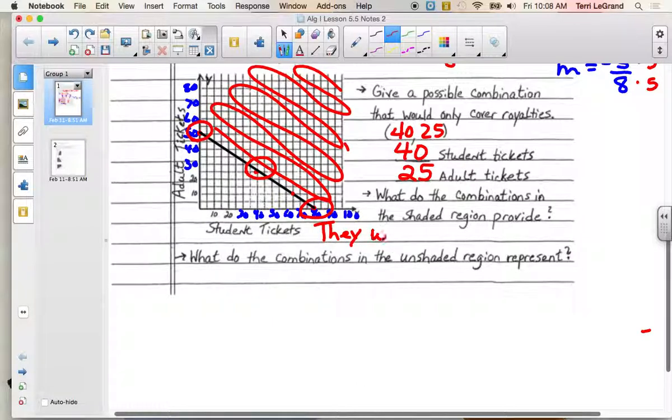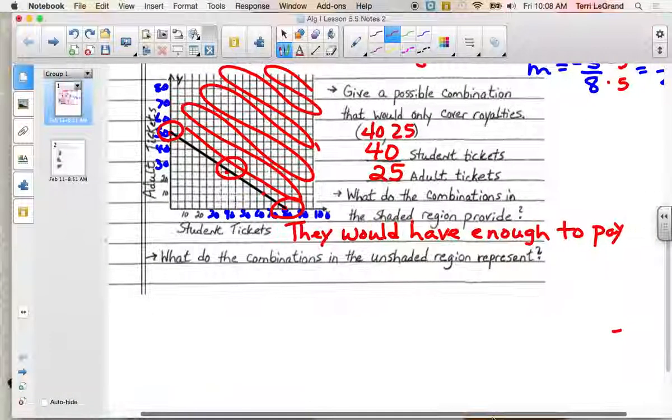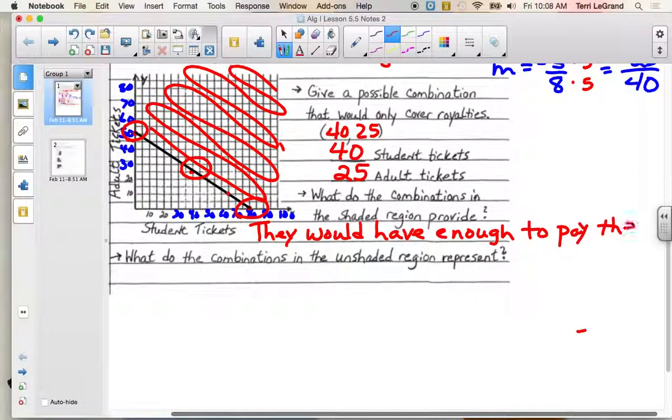They would have enough to pay the royalties, and make a profit.